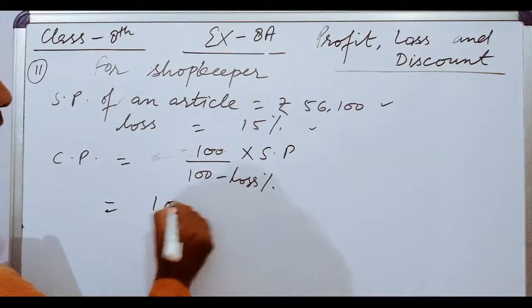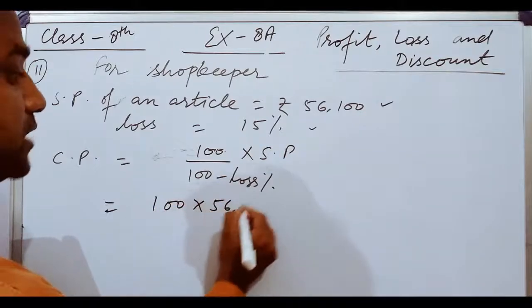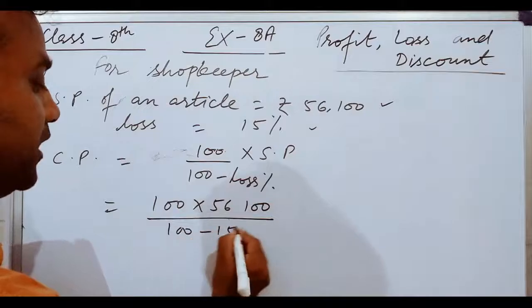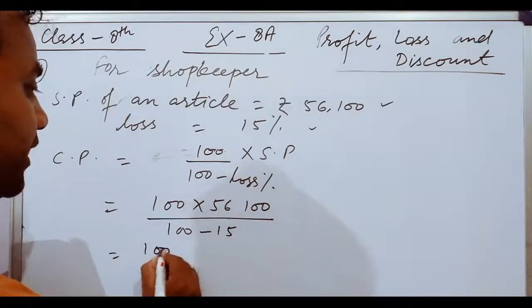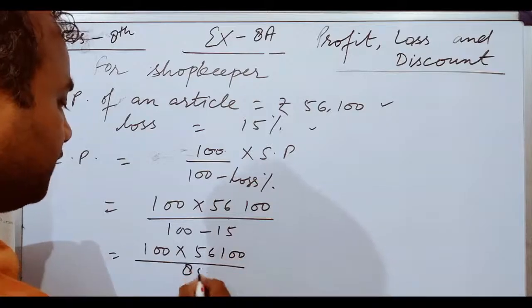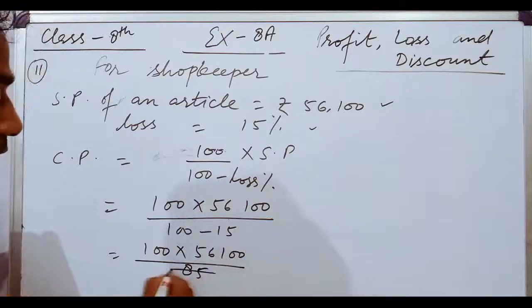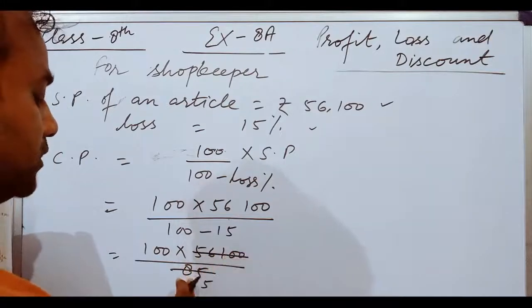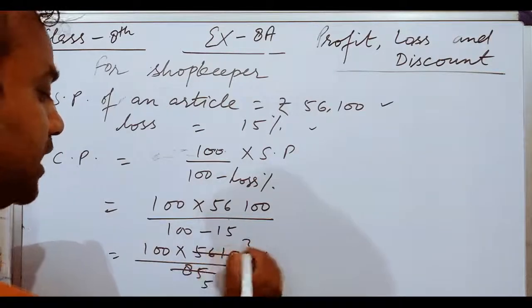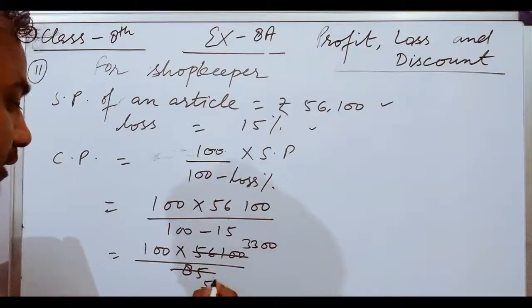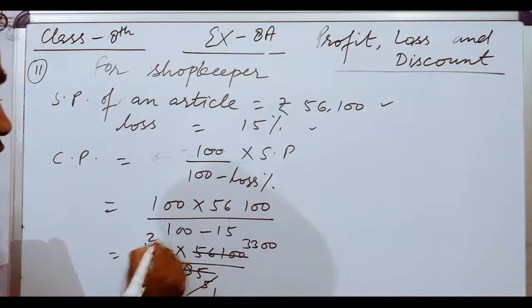Okay, 100 into 56,100 upon 100 minus 15 equal to 100 into 56,100 upon 85. Now 17 fives are 85, 17 threes are 51, then the zeros.